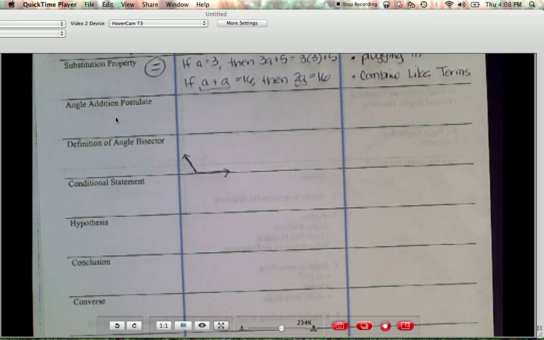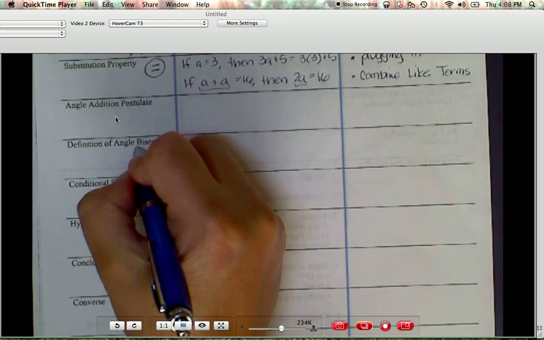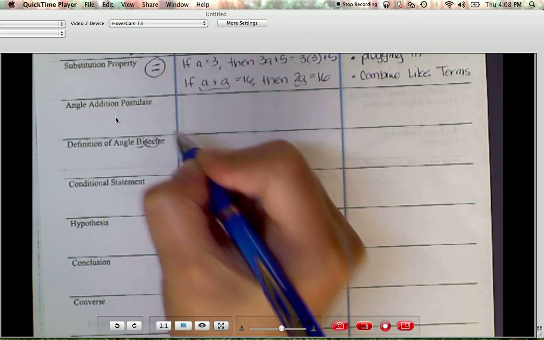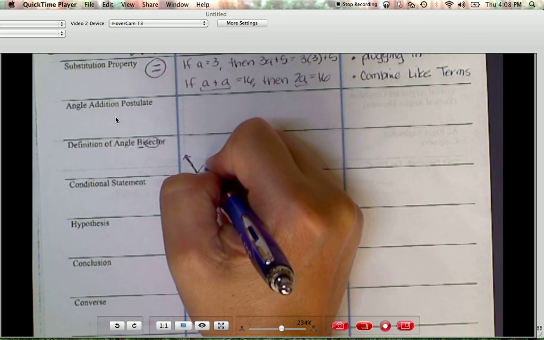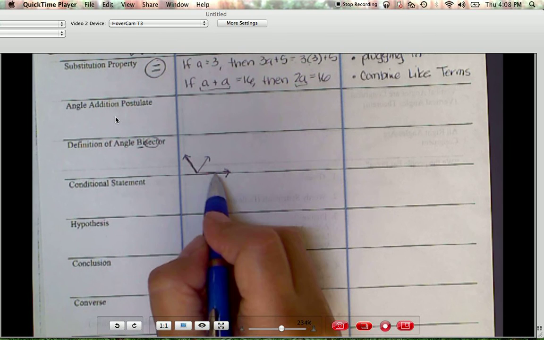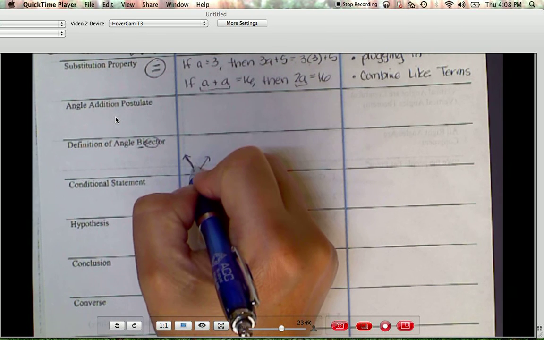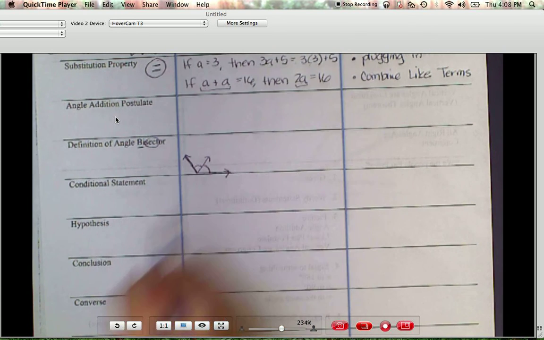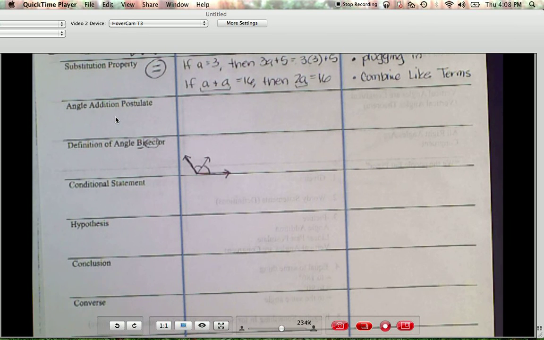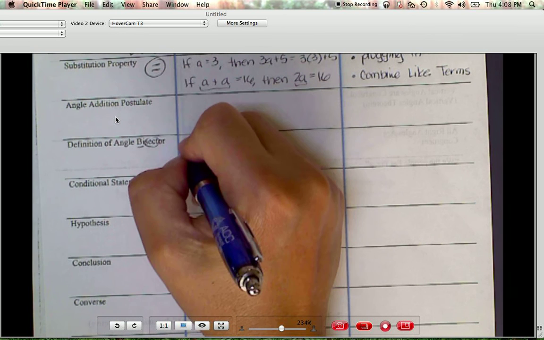So the idea is that we're cutting it into 2. Bisect. And the most important piece of that is that we're cutting the angle into 2 congruent angles. And to show that they're congruent, we use little arcs to show that they're congruent like this.